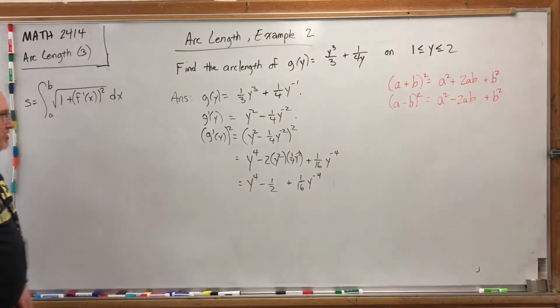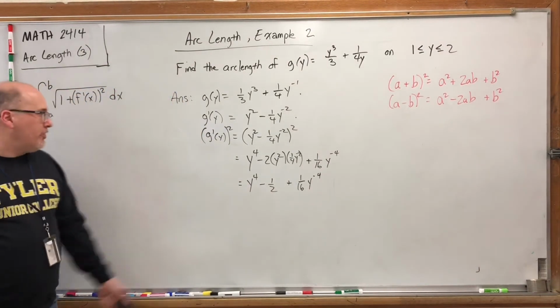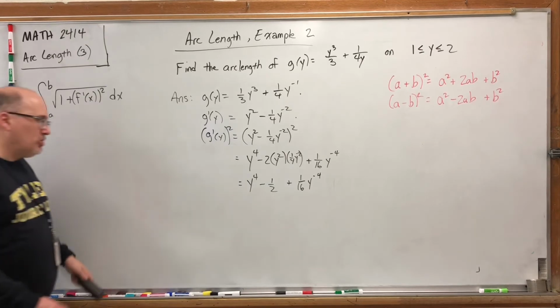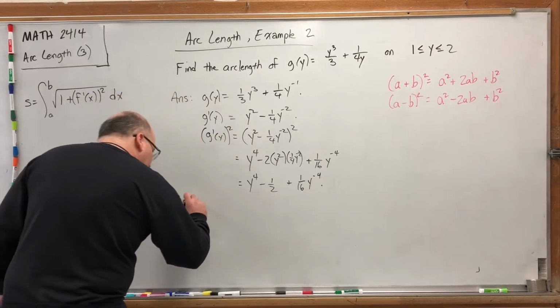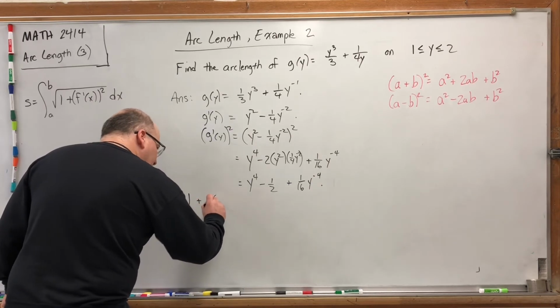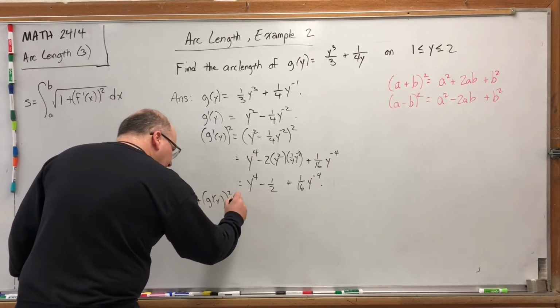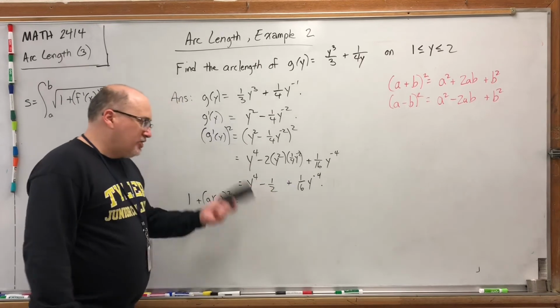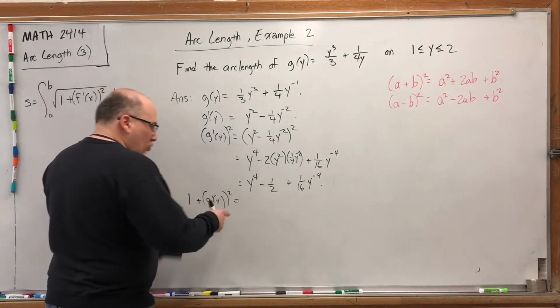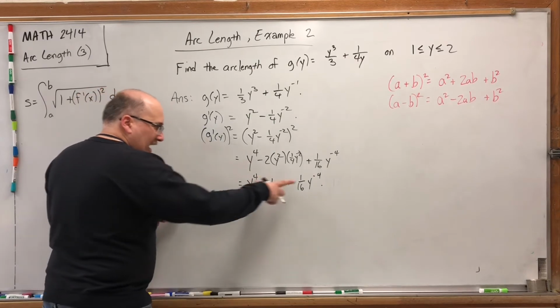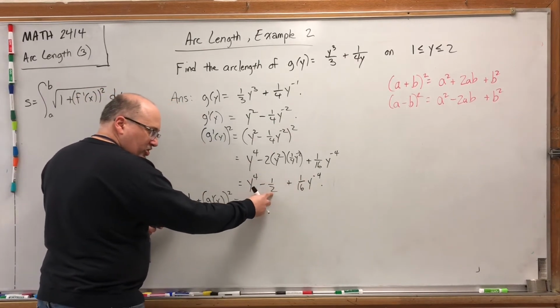I say that because then we're done squaring this binomial. Our next move is to add 1 to it. So now we end that sentence and start another one. 1 plus the square of the derivative is equal to all this plus 1. But think about it. If I add 1 to this, I have to add 1 to that, and there's a constant in the middle.